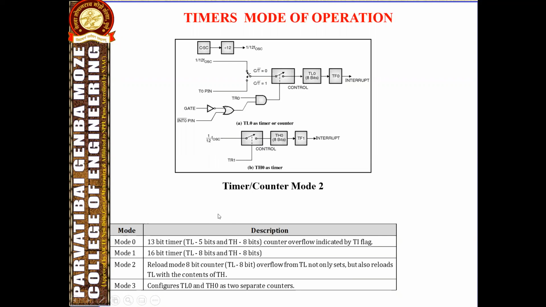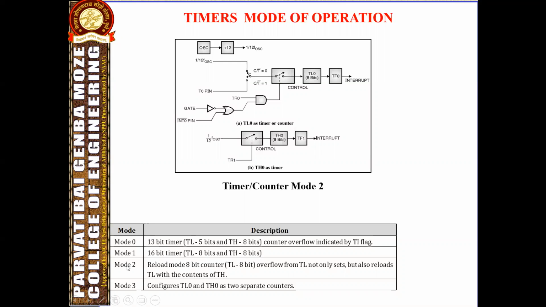So let's see the summary. In mode 0, a 13-bit timer from TL 5-bit and TH 8-bit, total 13-bit timer and counter, with overflow indicated by the TF1 flag. In mode 1, a 16-bit timer, TL 8-bit and TH 8-bit, is used.